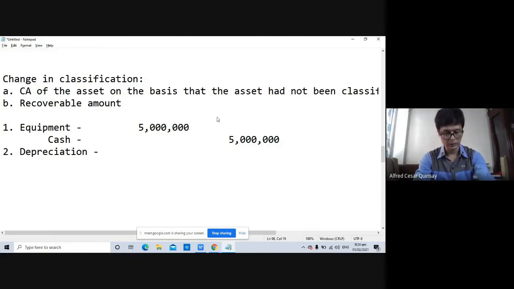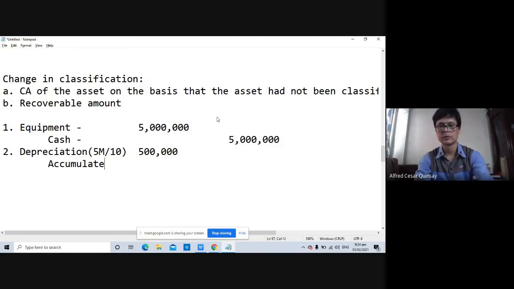The computation is 5 million divided by 10 years, so the yearly depreciation is 500,000, and the accumulated depreciation is also 500,000.